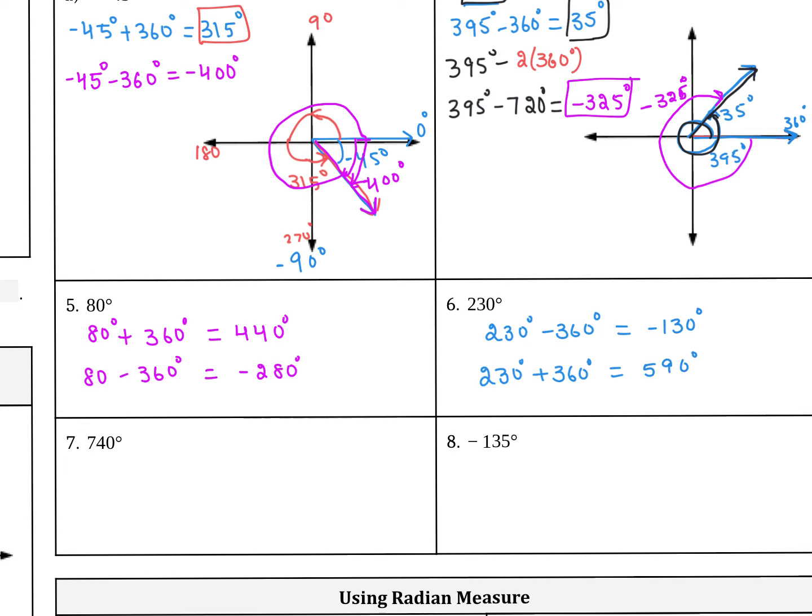Okay, for number 7, 740. If you have 740 and you want to find the positive coterminal, 740 minus 360 is going to give you positive 380 as your positive coterminal. For the negative coterminal, subtracting 360 is still going to give you positive, so that doesn't make sense.